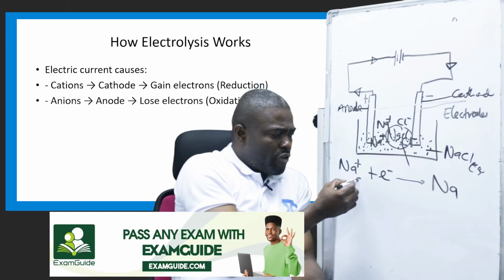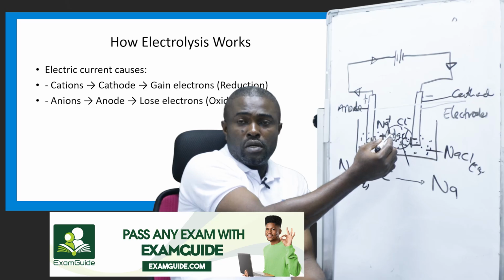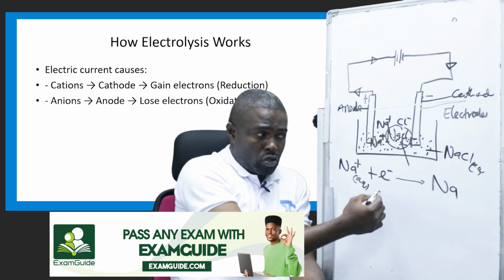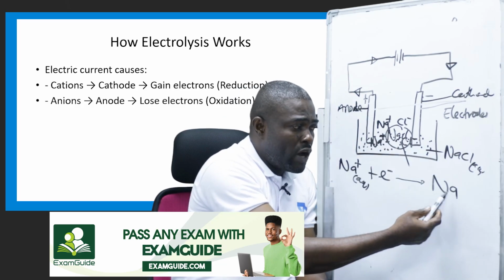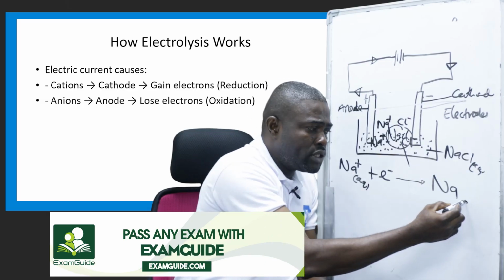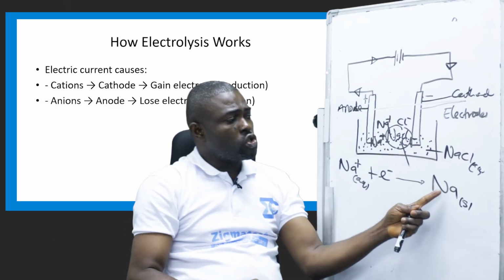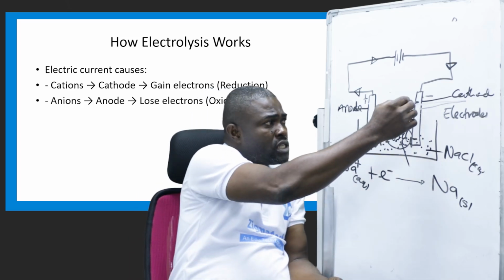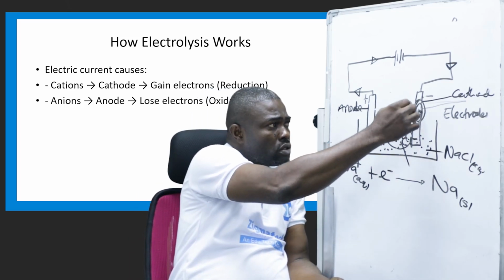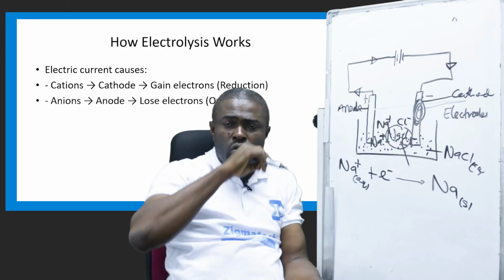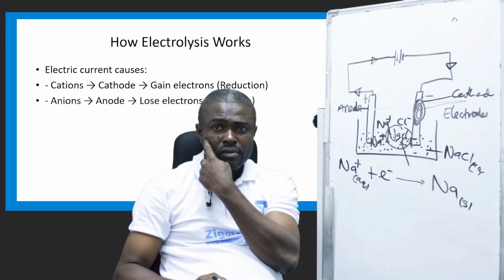So this is coming from the aqueous one. After getting an electron, what do you have here now? You have a neutral atom, which is now solid. So this sodium now is being deposited at this rod as a chemical of its own and is collected.